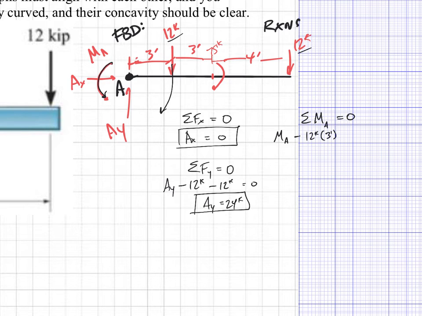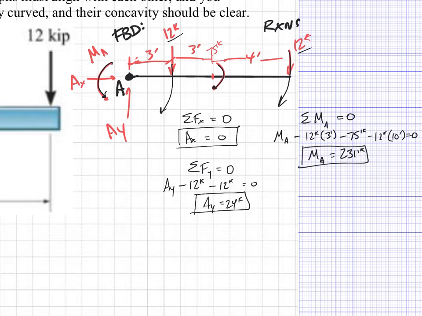Now we got the 75 right here, so that's also a negative 75 foot kips. And now we need to deal with this 12, which is causing that. So minus 12 kips times 10 feet equals 0. Okay, so that's all of my forces and moments. If we do the math on this, I think we're going to get 231 foot kips. Let's see here. So yeah, 231 foot kips.